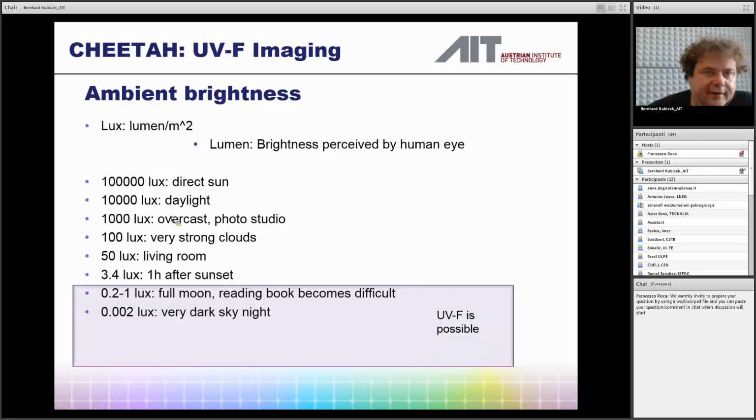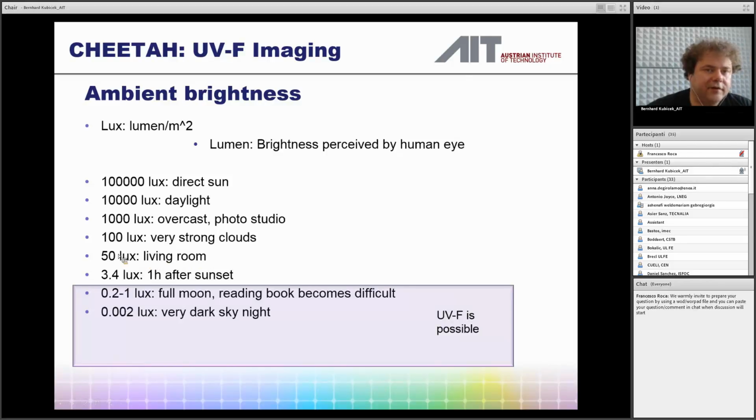So if you would look directly at the sun, you would have 100,000 lux. And then at daylight, it's a factor 10 less typically. If you have a photo studio, which is extremely bright, you would be even a factor 10 less. And then it decreases and decreases. So in a typical living room, you have 50 lux.